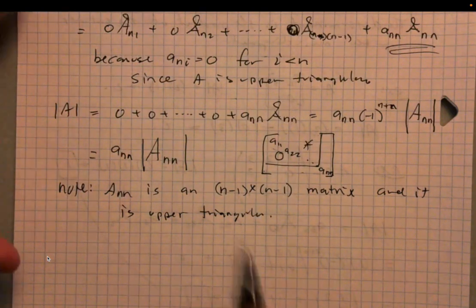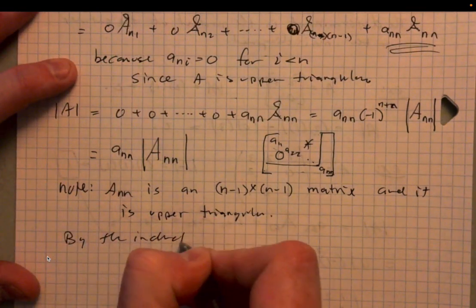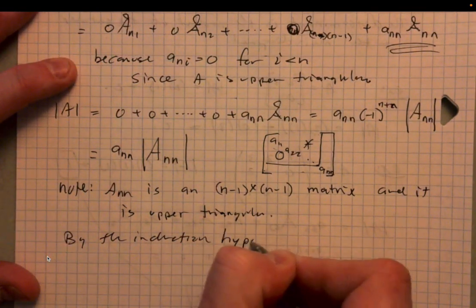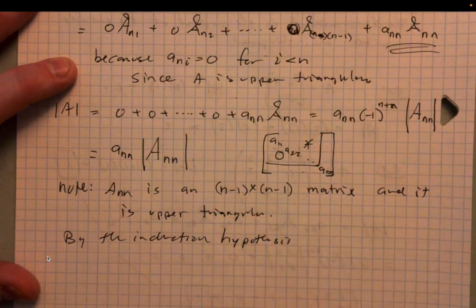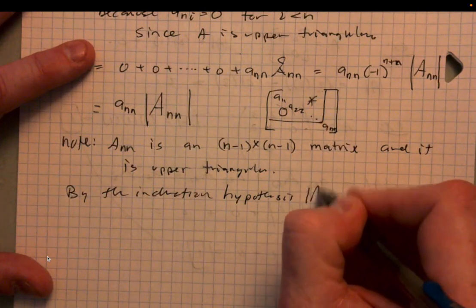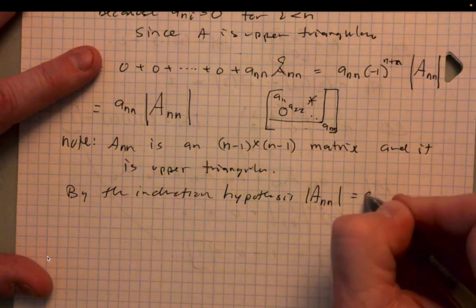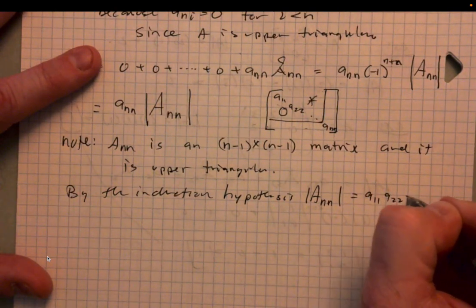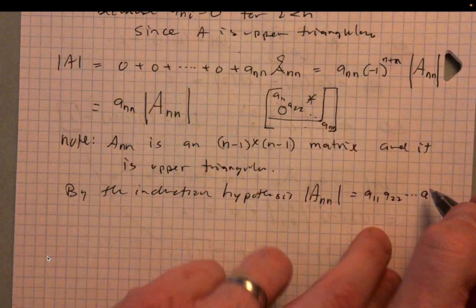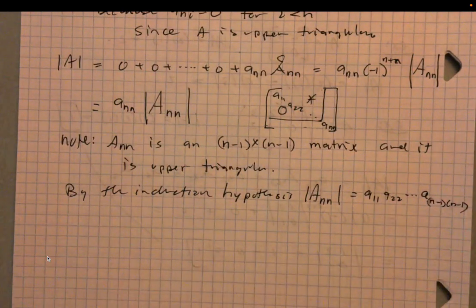Okay, and so by the induction hypothesis, what do we have? Well, what we have is that the determinant of the NN submatrix is equal to A11, A22, dot, dot, dot, A(n-1)(n-1), right?